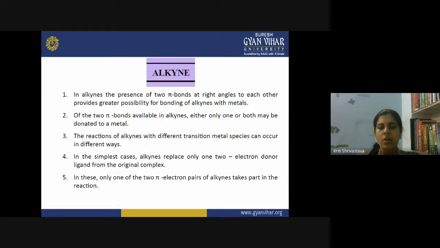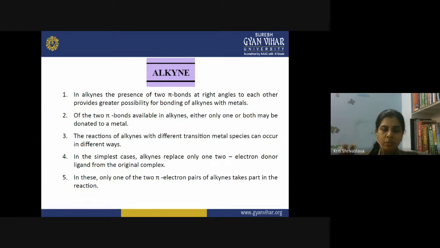So these were all the reactions about the metal alkene complexes, and in the eta 2 category of ligand we have alkyne as well. So these alkynes are also considered as the eta 2 type of ligand. They are capable of donating two electrons to the metal.